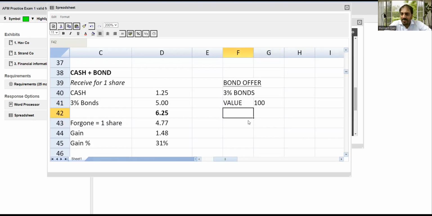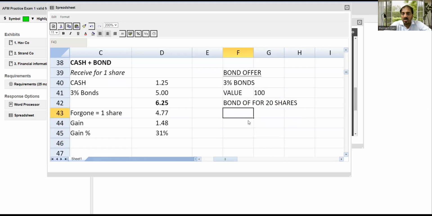And for example, if the company says that this one bond is for your 20 shares.